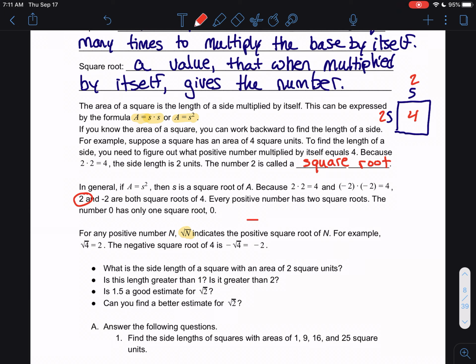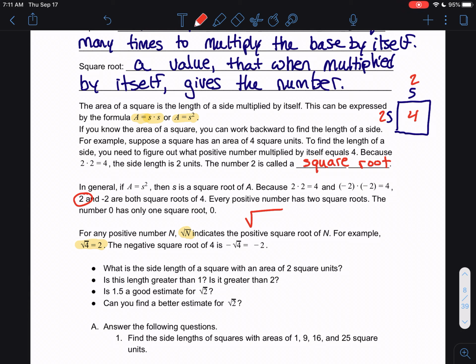So I make a kind of tail, and then I make the division sign. So the square root of n indicates the positive square root of n. For example, the square root of 4 equals 2, and that's how you say this statement right here. The square root of 4 equals 2. And the negative square root of 4 equals negative 2.